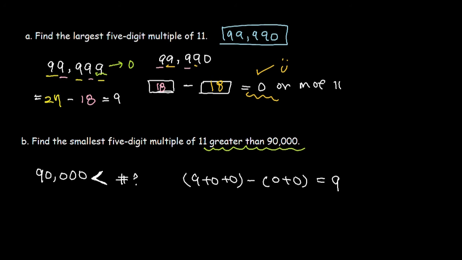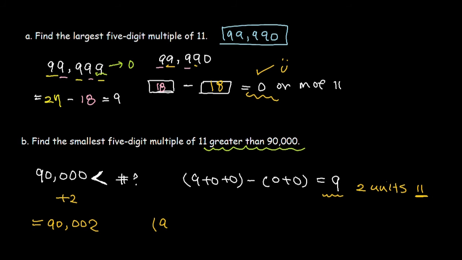Now let's try a different number. Well, we know that 9 is 2 units away from 11. And if we get 11 as our answer, that's going to make the number divisible by 11. So since we're 2 units away from 11, let's add 2 to 90,000, and as a result we'll get 90,002. Let's see if this number is actually divisible by 11.